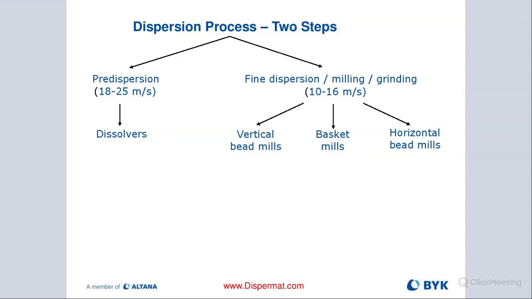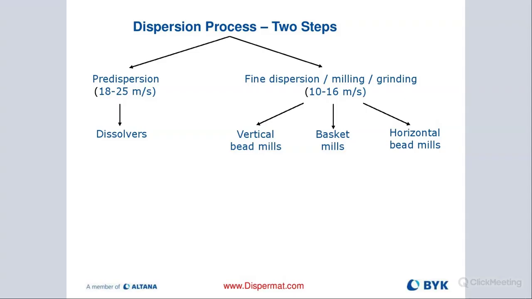Then there are these basket mills or immersion mills that are very popular. They're gaining a lot of traction over the last few years. They are really good because you can use them in the laboratory and then scale them up, staying within the immersion milling system family all the way up to production.